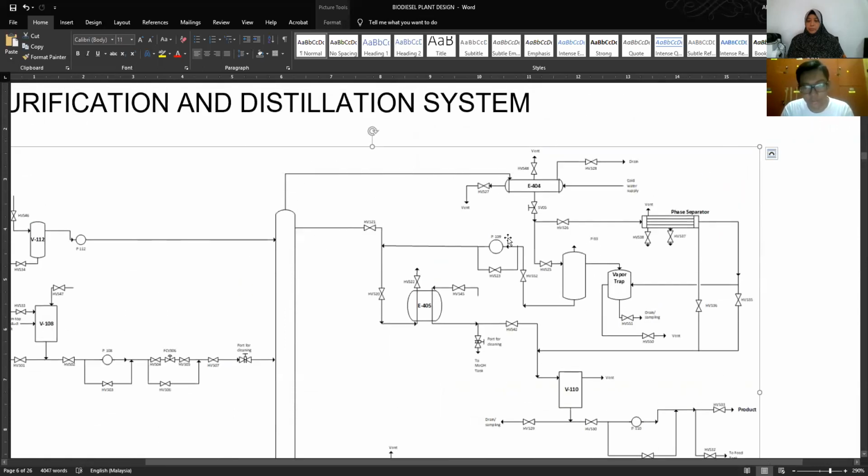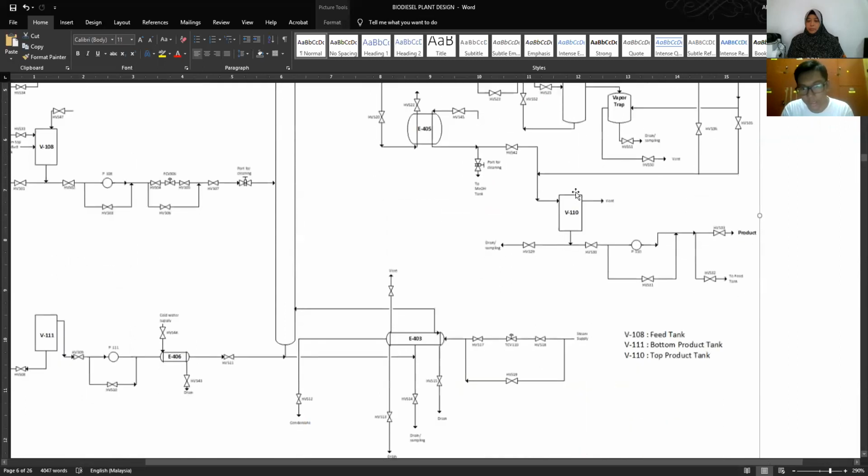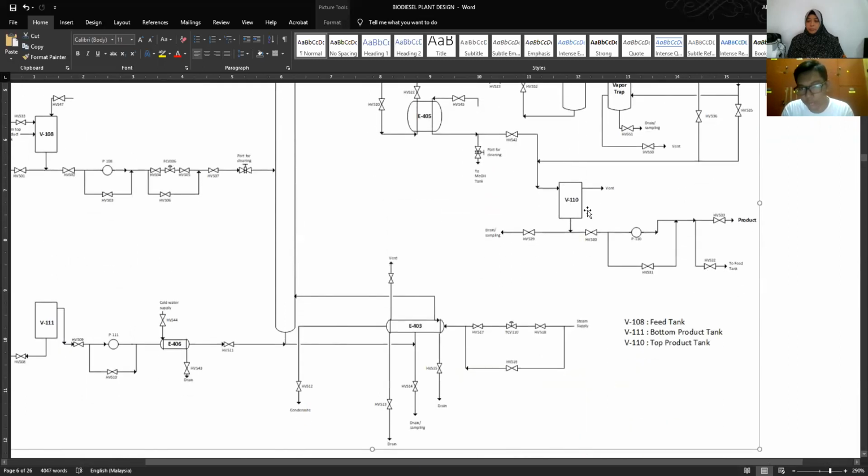For the top product, it will end at V110, which is the top product tank.